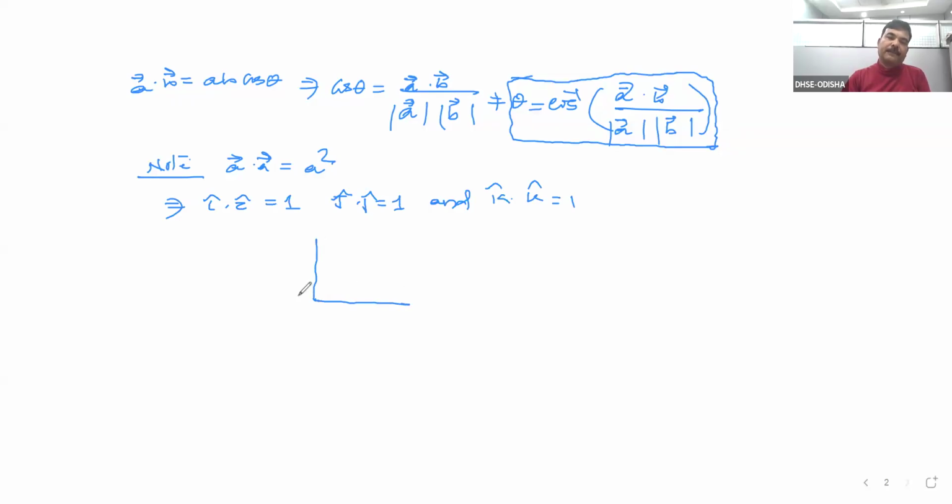The unit vector along the direction of x-axis is taken as I cap, the unit vector along the direction of y-axis is taken as j cap, and the unit vector in the direction of z-axis is taken as k cap.